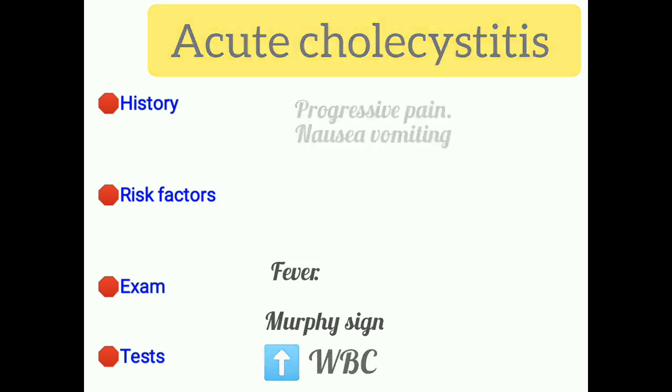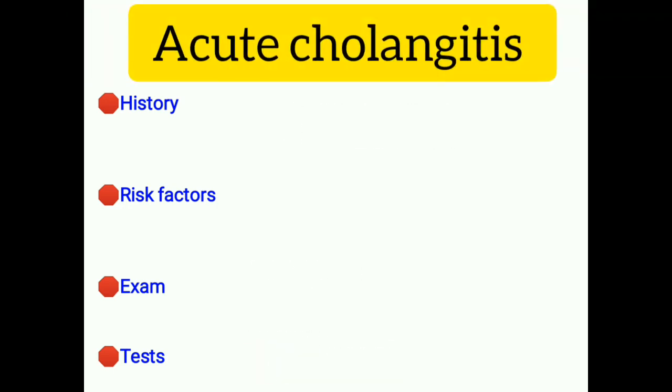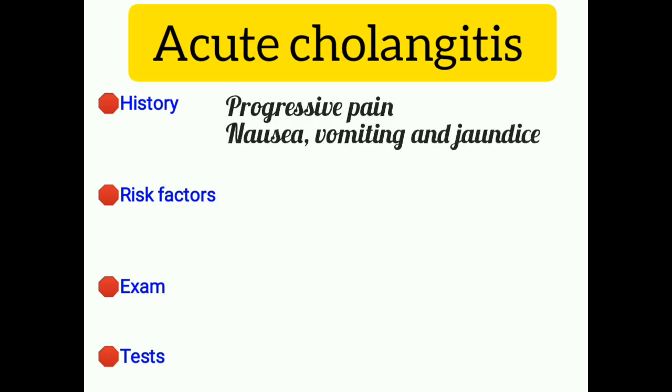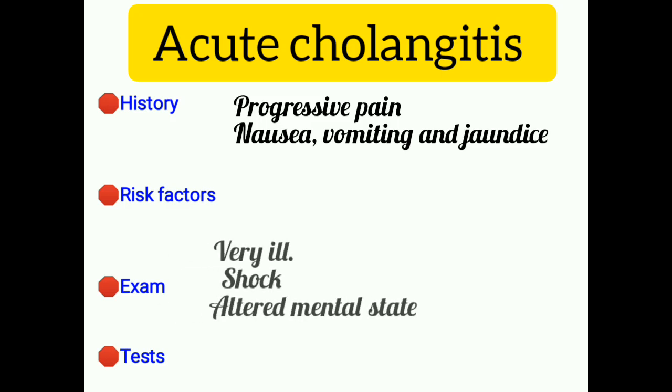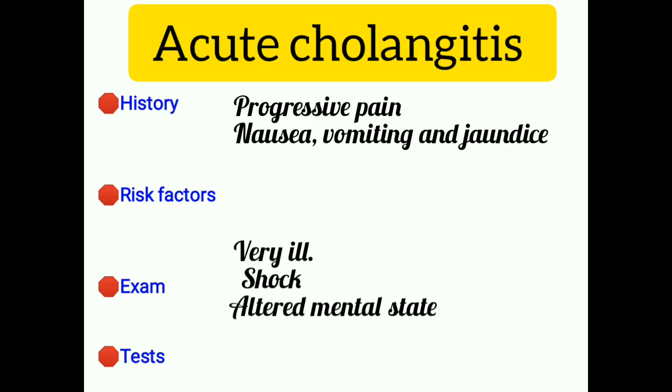cholangitis. Acute cholangitis is inflammation of the biliary tract characterized by progressive pain over many hours. Nausea and vomiting are commonly present, and jaundice is also commonly present. On examination, the patient is very ill, with high-grade fever, drop in blood pressure, and high heart rate.